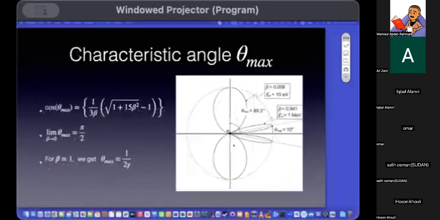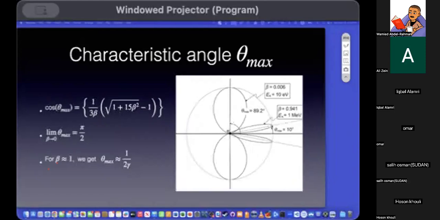You can see the mouse. Yes. So in this graph, these loops represent an intensity plot, or the pointing vector plot, when beta is small. This is for a 10 keV electron, and you see we're getting the maximum intensities at theta equals 90 degrees.